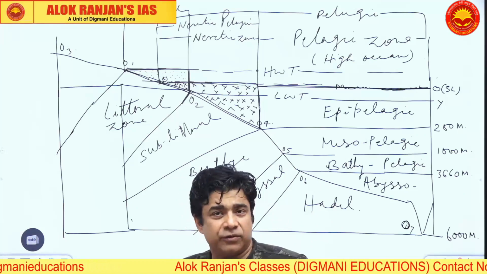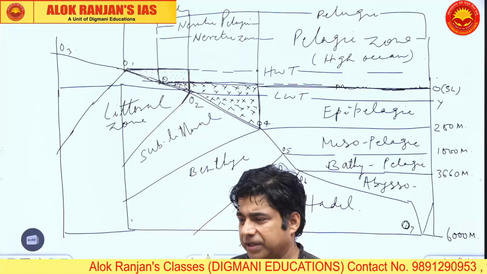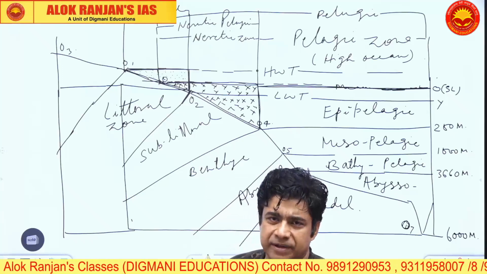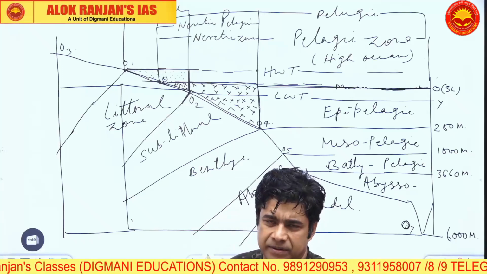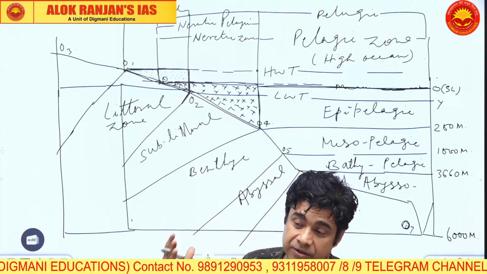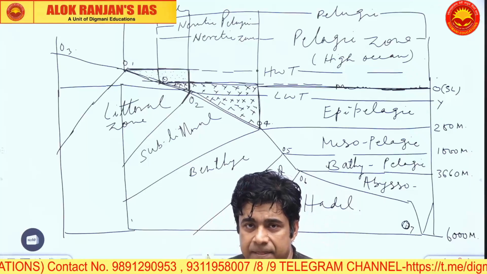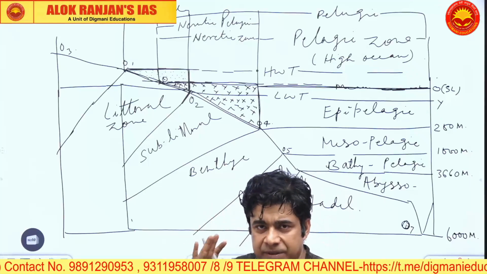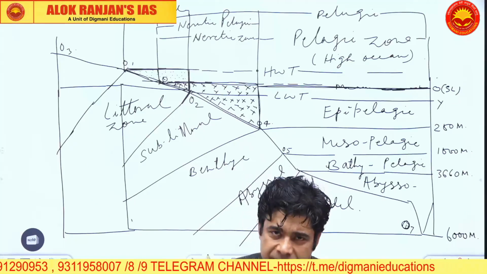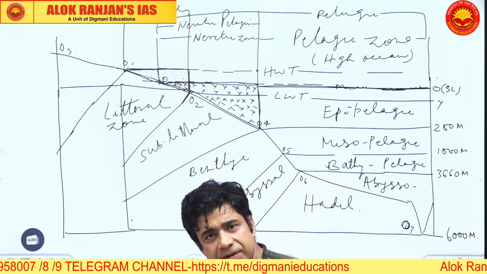Like even Sargasso Sea is a biological desert, because Sargasso Sea will have sargassum, and other varieties of animals and plants are nearly absent. So your pelagic ocean is not bereft of life. It has life, but limited life, and few dominant species are found. So we call it biological desert.